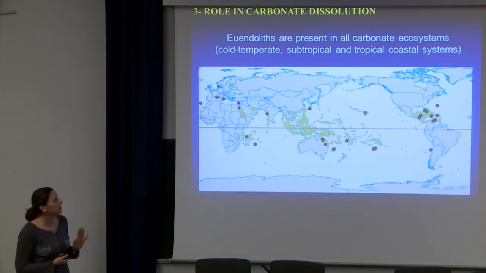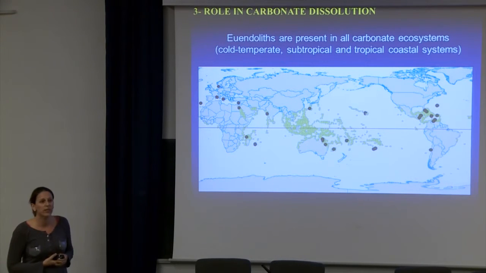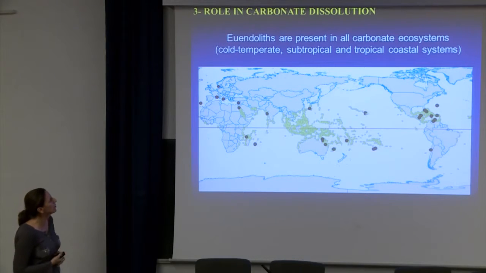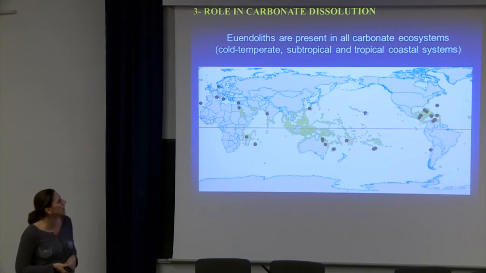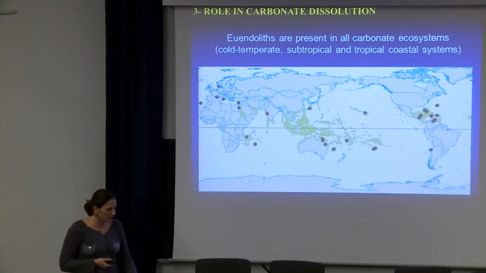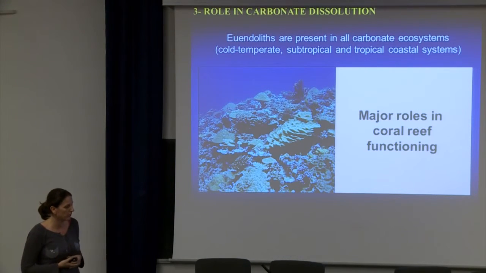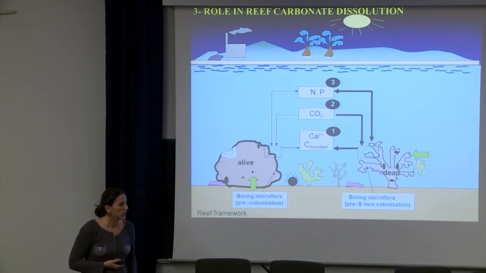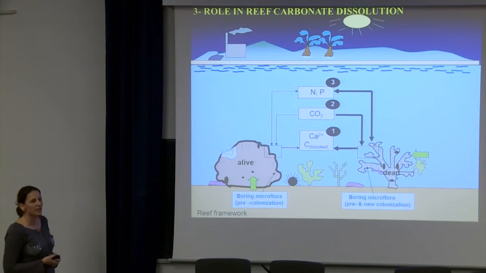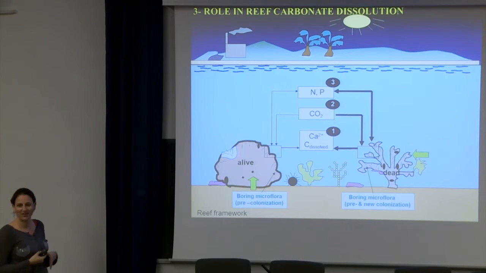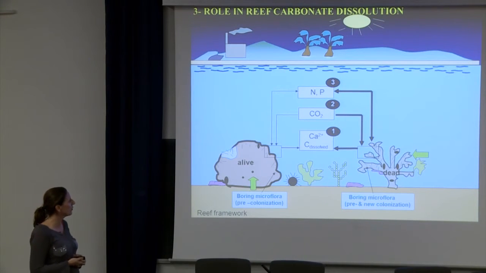Well, first of all, euendoliths, as I said earlier, are present in all ecosystems, cold, temperate, subtropical, deep, shallow, but they are really significant in tropical systems and play a major role in coral reef functioning. Here is a very schematic diagram of a coral reef.